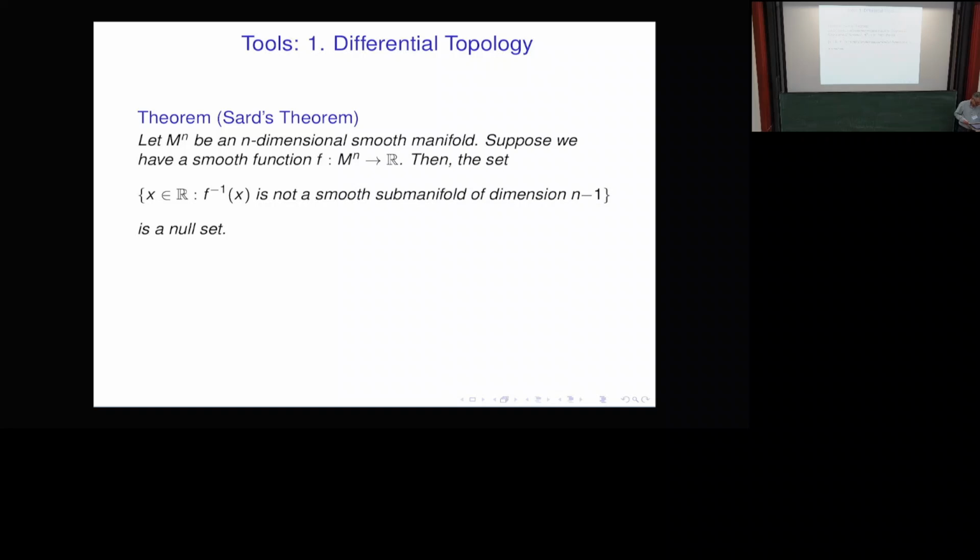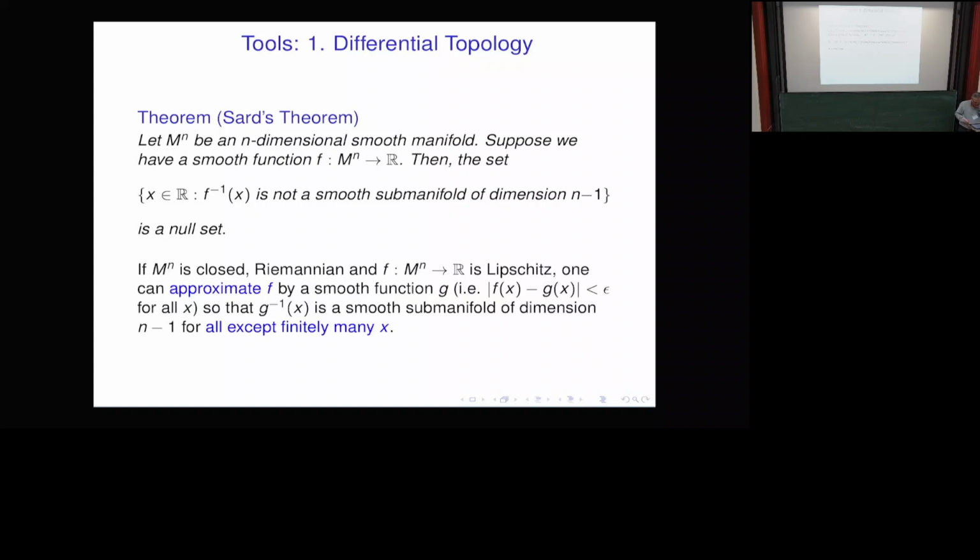So I'll need some differential topology. So both for this theorem, some of this I will only need for later, for the later theorem in dimension n. So I'm going to state the background for both of the results. So such theorem, so if we have a smooth function, then the level sets most of the time are smooth submanifolds, right?